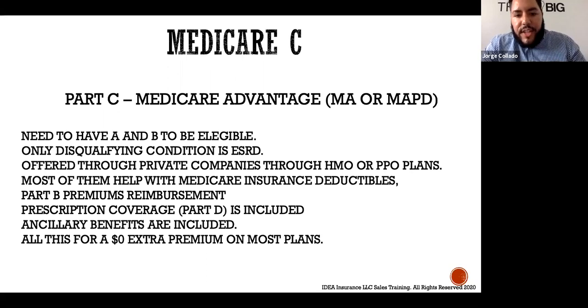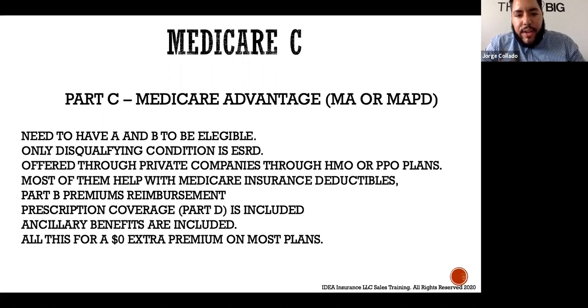Prescription drug coverage is included. Part D is included. Usually people that want Part D, they have to pay extra for it. Medicare Advantage plans already offer that at no extra cost to them. Ancillary benefits are included in most plans. Things like dental, vision, hearing, transportation, over-the-counter medications, acupuncture, chiropractor.